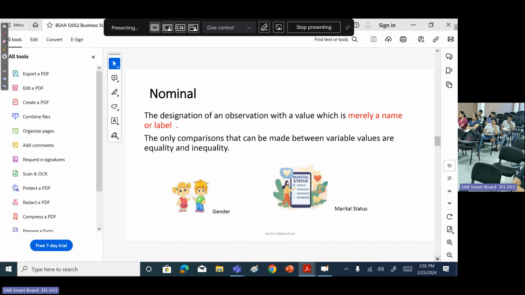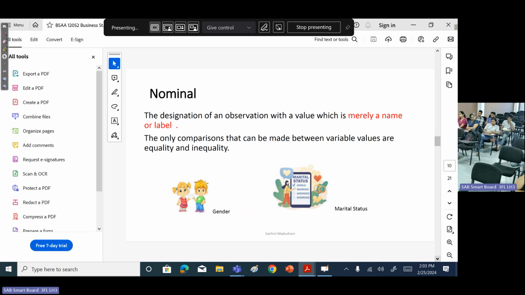Nominal level measurement can only be labeled and the count of each category obtained. Which mathematical operations can be used? Equal and not equal.